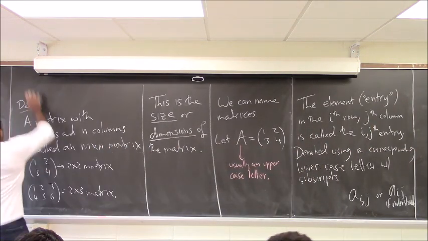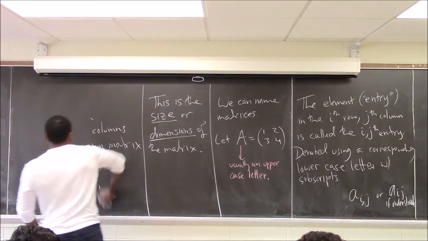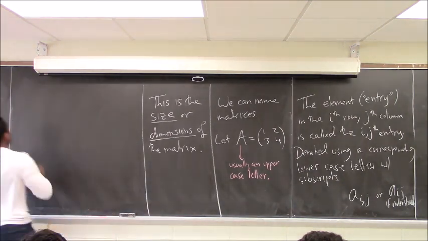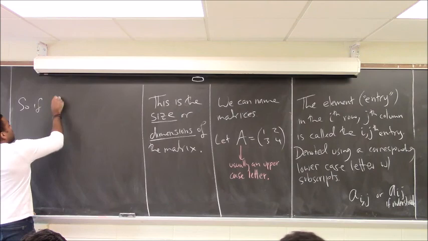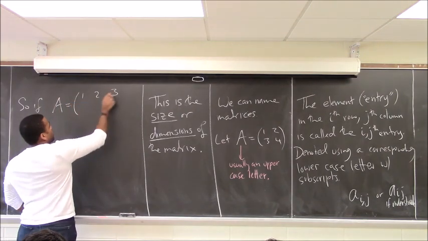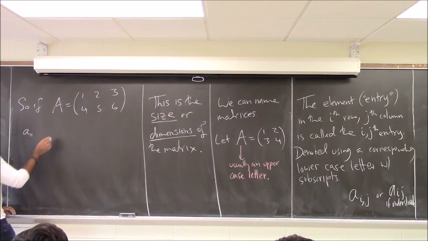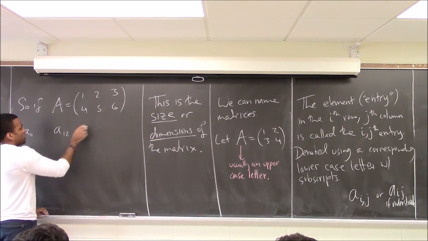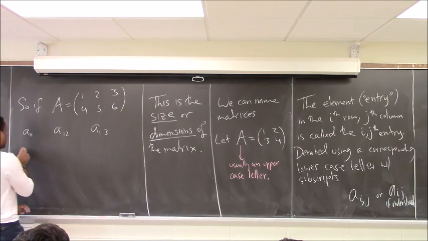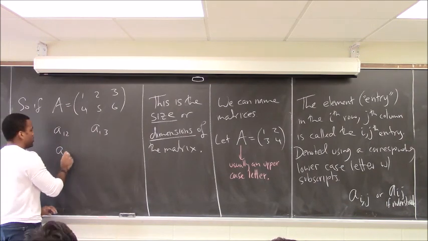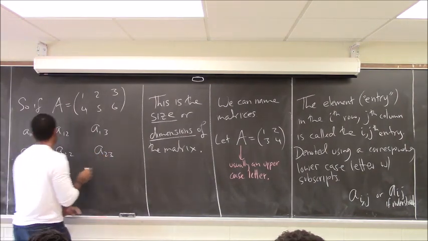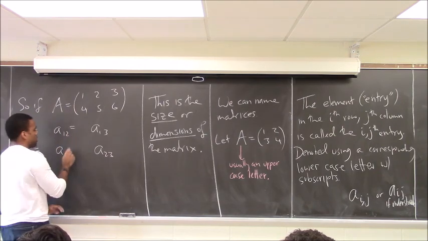Maybe I'll do an example there. So if my matrix A is actually 1, 2, 3, 4, 5, 6, I can talk about the elements A11, A12, A13, A21, A22, A23, and I can refer to these numbers of the matrix.